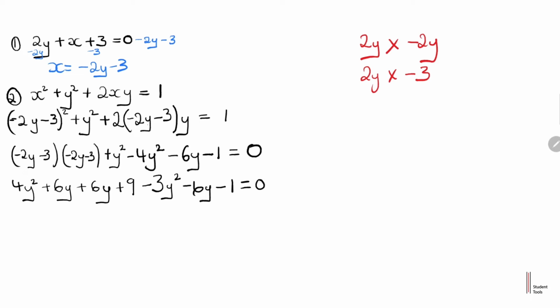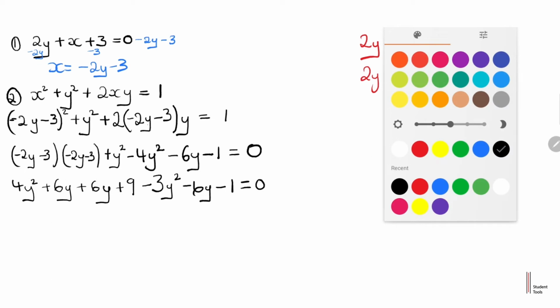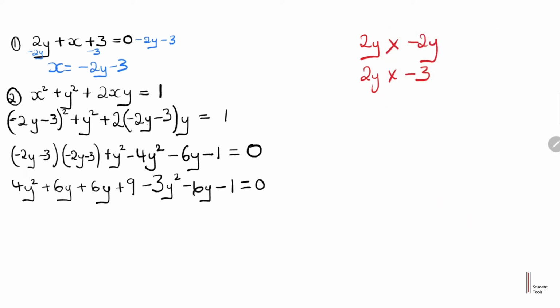Okay, next step is to find and sort these like terms. So we have these like terms. We have 4y squared minus 3y squared. That gives us a y squared. And then next we have these like terms. We have 6y, and minus 6y.